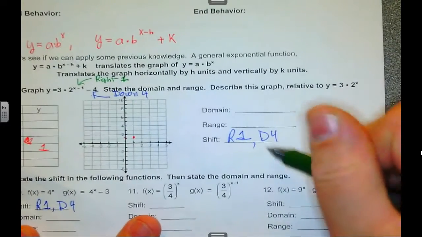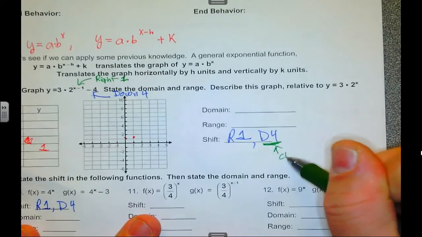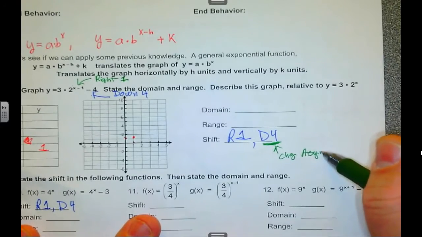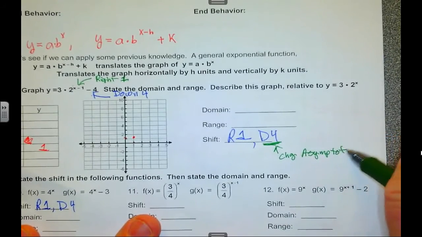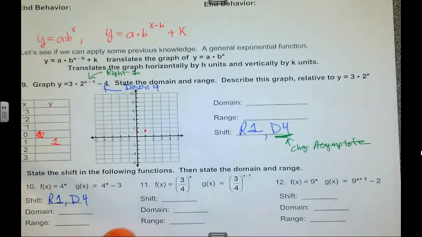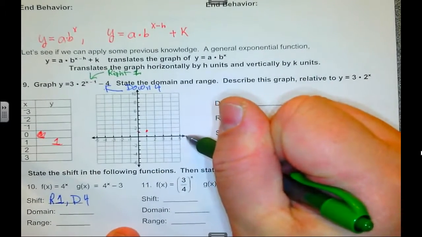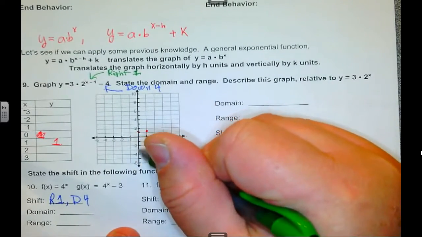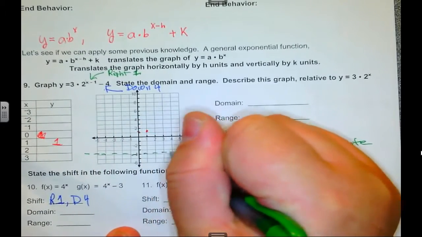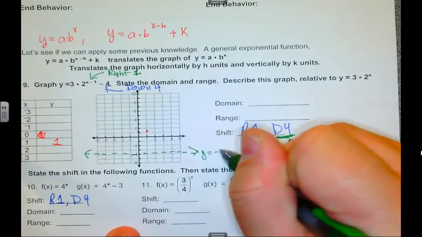Okay? This is going to change the asymptote. So where's my asymptote going to be? Down 4. So instead of y equals 0, it's going to be y equals -4. There's my new asymptote, right? Makes sense.